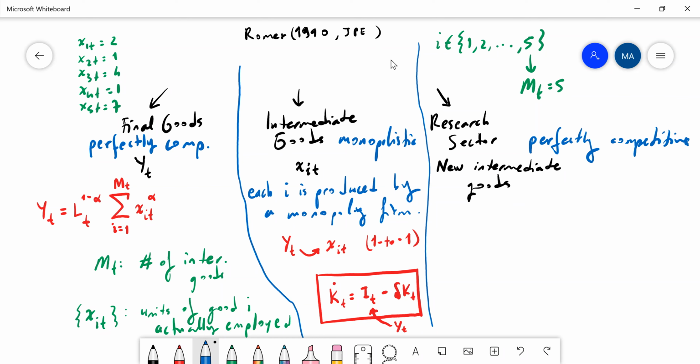Why would you do that? Because the profit opportunities in the intermediate goods sector in the future will give you enough incentive to develop technology. Look at the situation in the vaccine business, for instance, right?